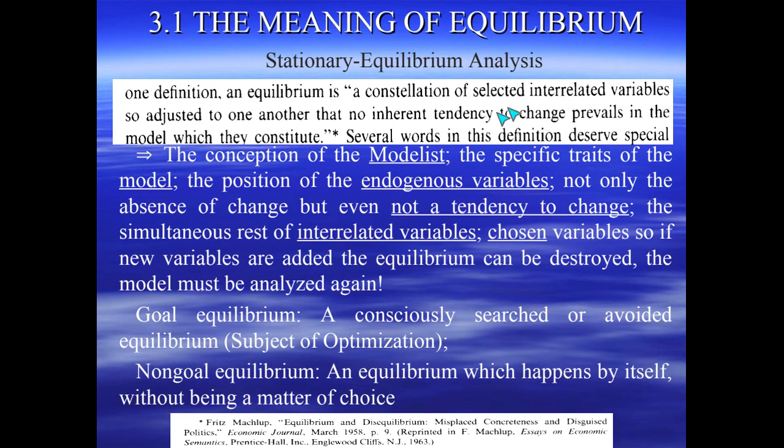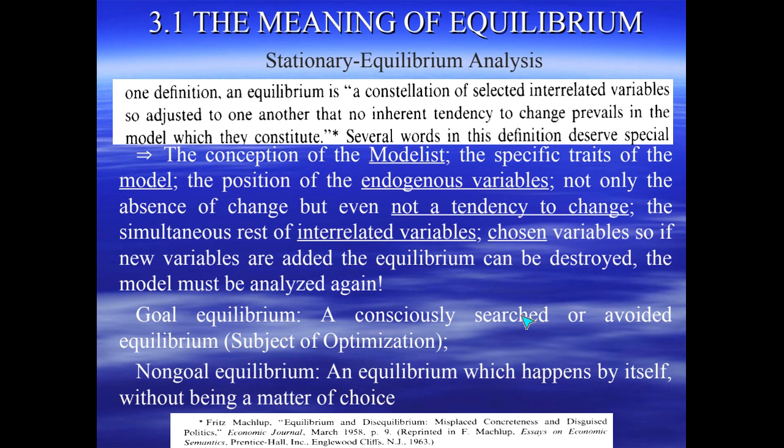You see, each word, each concept in this definition is important. So the conception of the models enters. The specific traits of the model are important to achieve this equilibrium. The position of the endogenous variables, interrelated and selected variables. What is endogenous, what is exogenous, what are the main variables of the model and what is not, depends on the modelist.